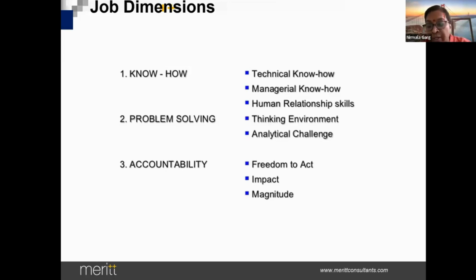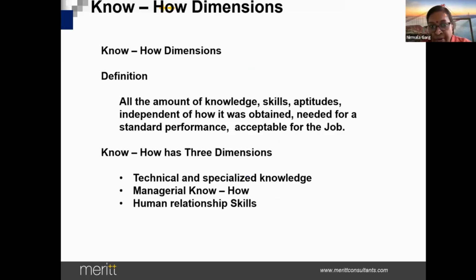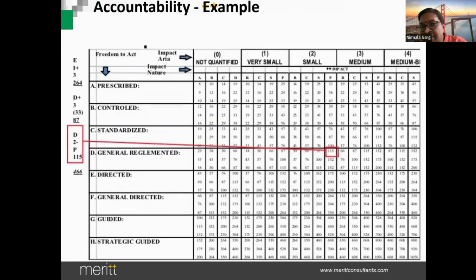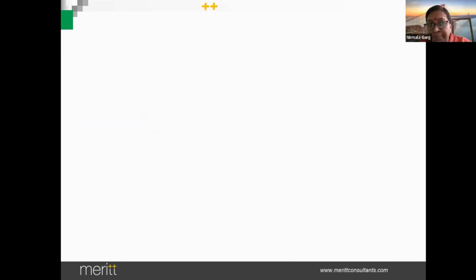Now, what happens when you use this job evaluation as per the Hay methodology? It comes predetermined, for example, under accountability, you have the points already made.